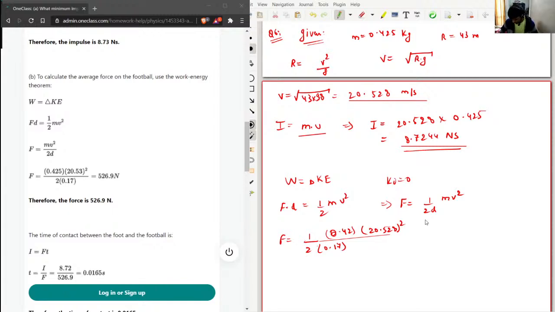520.55 newtons. So we can clearly see that we have an error of 6 newtons.